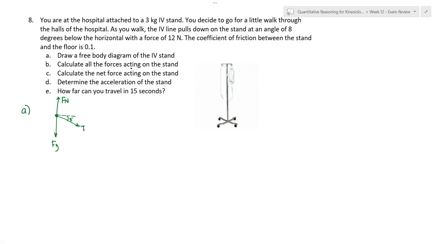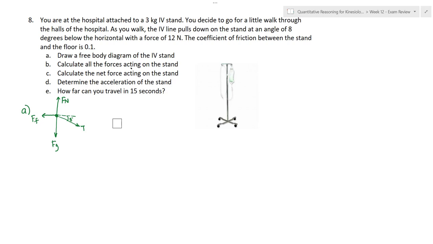So you're pulling down on this IV stand, but which way is the whole thing moving? It's moving to the right. And so friction is going to oppose that motion and go to the left. Force of friction. Now let's think about the size of the normal force, to see if it's appropriate the way I wrote it.